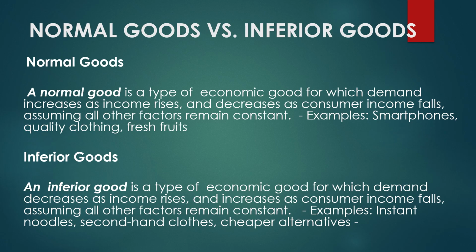Price of related commodities, preferences, population, and what have you. Examples are instant noodles, second-hand clothing, or clothes. Talk about bend down boutique, or cheaper alternatives.